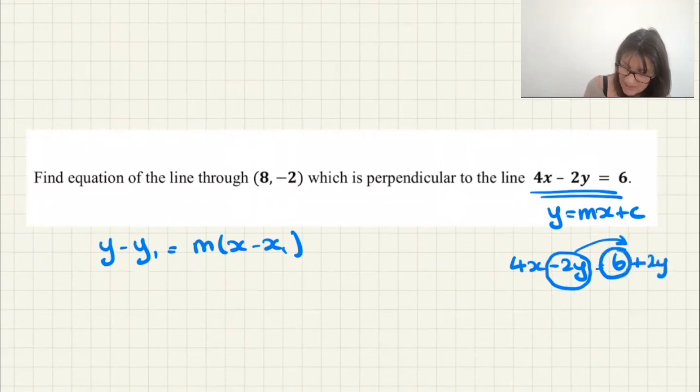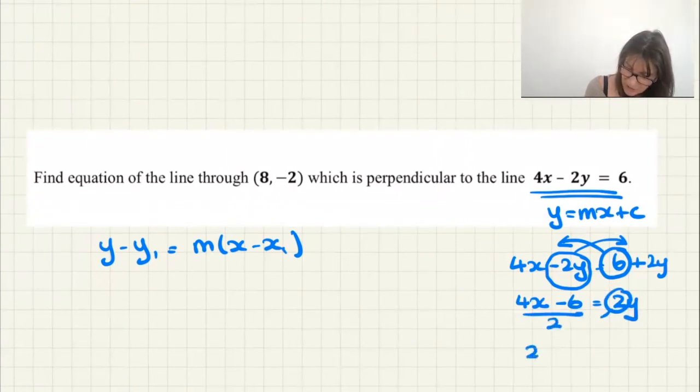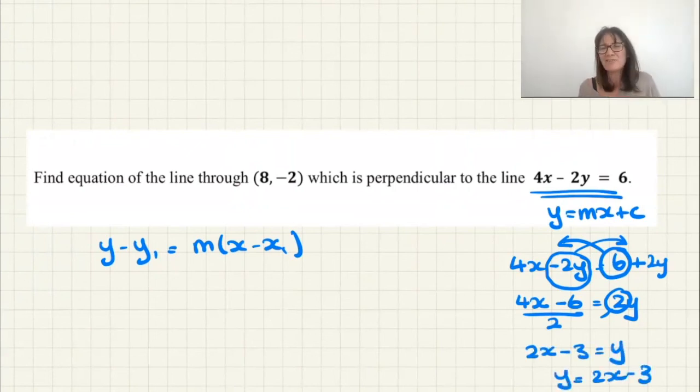And I'm going to move the 6 over here so that I've got 4x take 6 equaling 2y. And then I can divide through by that 2 to give me a final answer of 2x minus 3 equals y, which I can rewrite the other way if I prefer to see it like that. I don't really have to or need to, but I can.